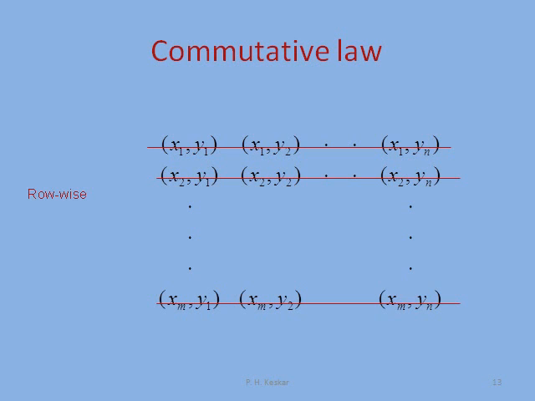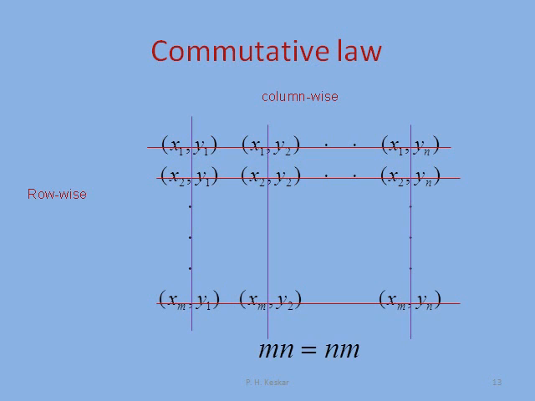That row wise counting gives you mn, whereas if you do it column wise, each column has m items, and these m items are counted n times, so it is n times m. These two ways of counting count the same objects, so these two must be equal. So that gives you mn is equal to nm.